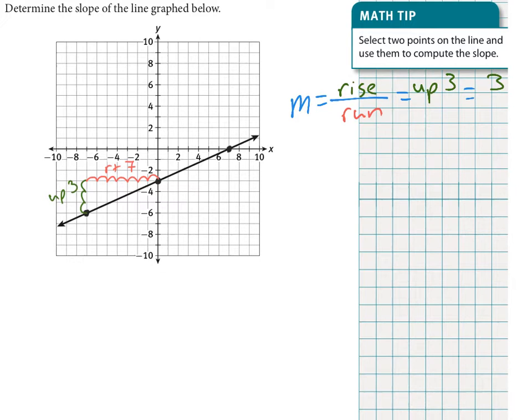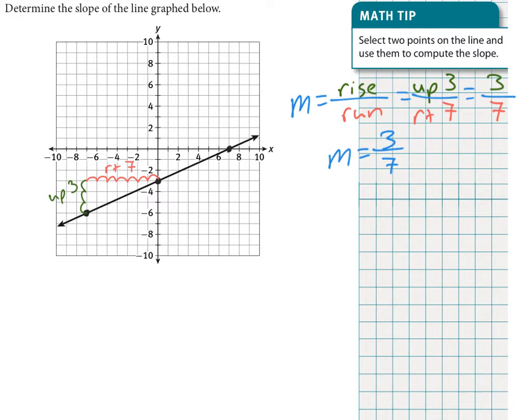And if you say to the right 7, we know all numbers to the right are positive. That'd be a positive 7. And we look to simplify the ratio. Is there any way we can simplify this ratio? Nope. So that's our slope. Our slope m is 3 over 7. That means go up 3 and over 7 when you graph. That describes how the line changes. It's going up 3 and over 7.